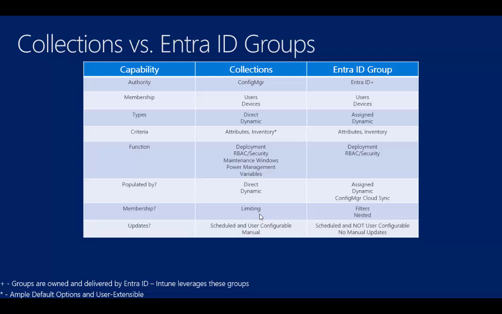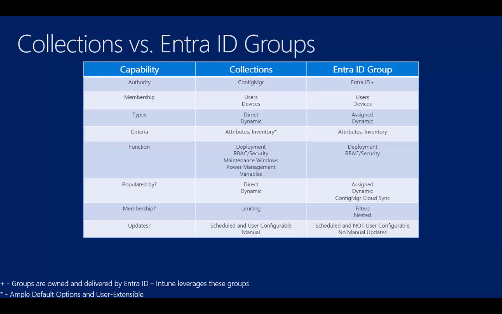And the ramifications of that will maybe start to come clear when we talk about filters in a minute, right? Can you manually trigger a group to synchronize and update? No, right? That's totally controlled by Entra ID.